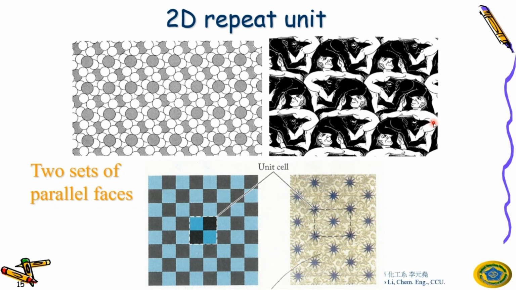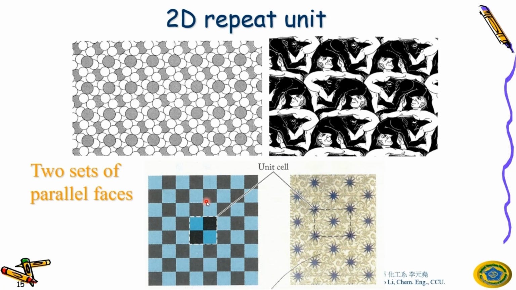Right. This might be in your midterm exam. This might be in your final exam or in Kahoot. So can you find the 2-dimensional repeat unit from these figures for me? For example, this is a unit cell, right? This is the smallest unit cell, the smallest repeated unit. As you can see, this can go to this side and this side and this side, and it repeats.